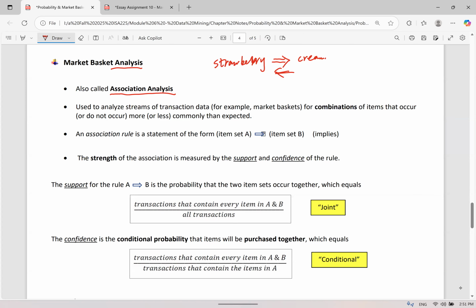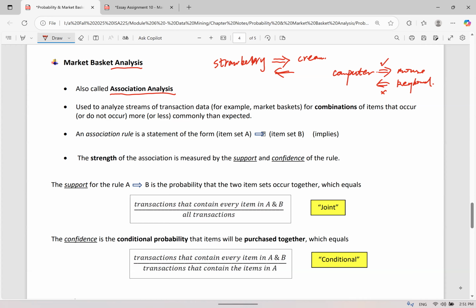And another example, for example, if we buy a computer, do you also tend to buy, let's say, a mouse? Maybe, right? Or a keyboard. But the other way, if you go and buy a mouse, do you tend to just go buy a computer? Maybe not, right?